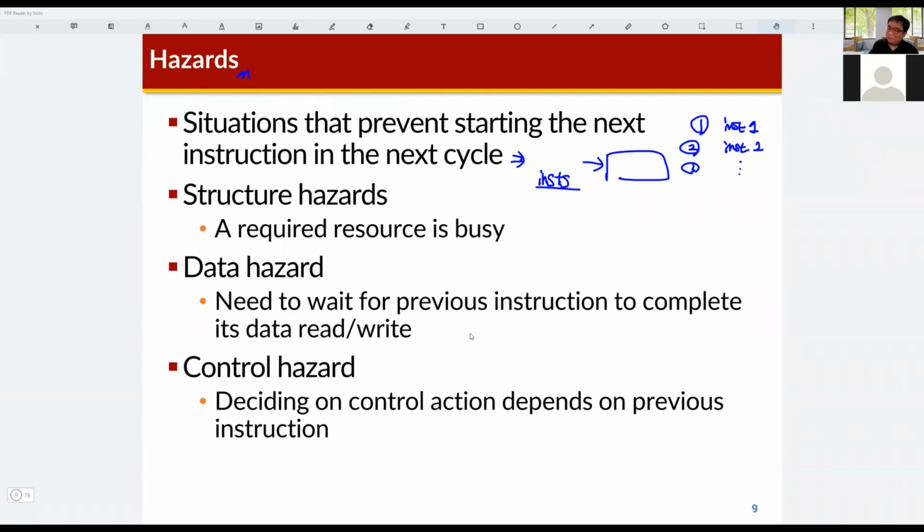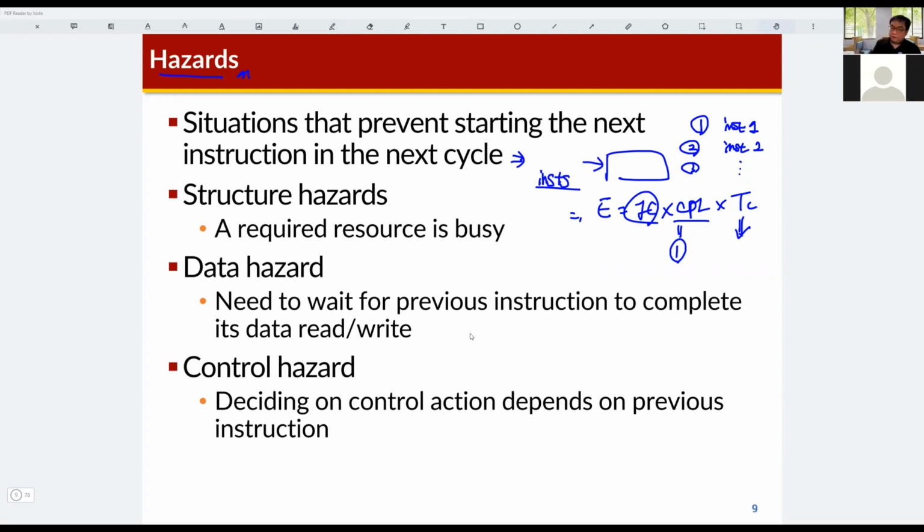This is very important. Why? Because of this equation: execution time equals IC times CPI times TC. With the pipeline architecture, we can reduce the clock period, and the instruction count IC is the same, fixed. About the CPI, we assume that this is nearly 1, but because of hazards, when a hazard happens, the clock cycle is wasted.